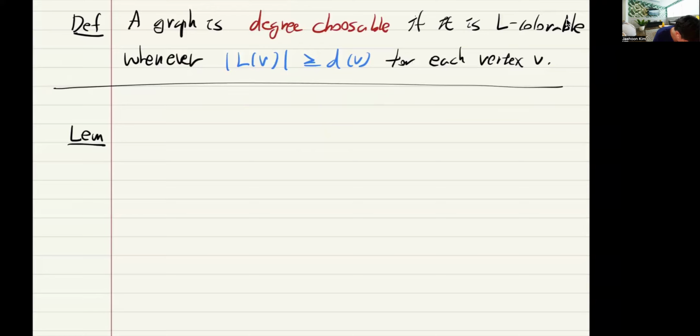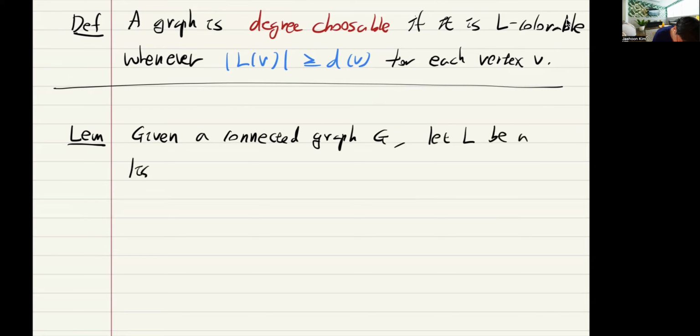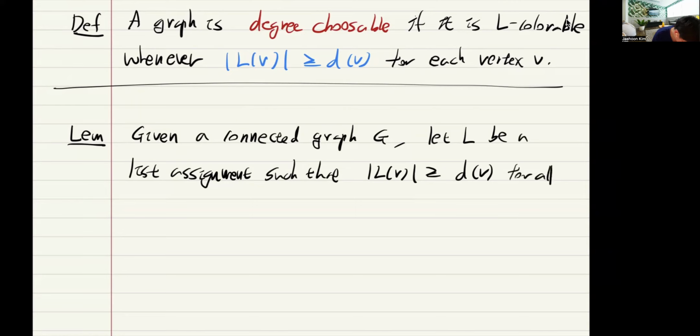And what graphs are degree choosable? We can find some easy cases which are degree choosable. If you have a connected graph G, and let L be a list assignment such that at each vertex its list size is at least its degree, for all vertices v.